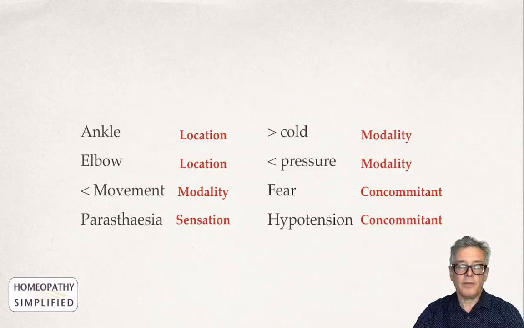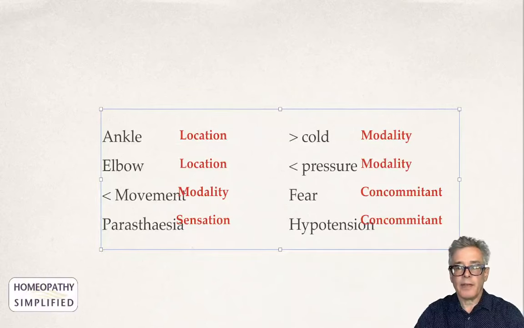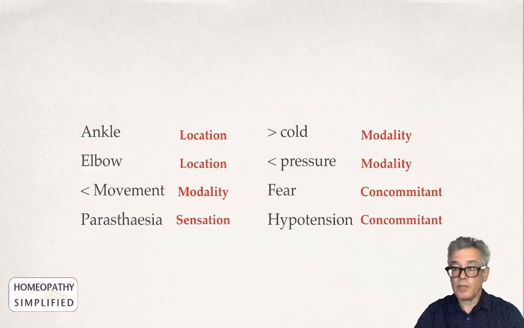You can see that we've got location for ankle, location for elbow, a modality, which is worse movement. We had a sensation of numbness, paresthesia. We have better for cold, also a modality. And then we have worse for touch and pressure, also a modality. A concomitant set of symptoms are fear and hypotension.